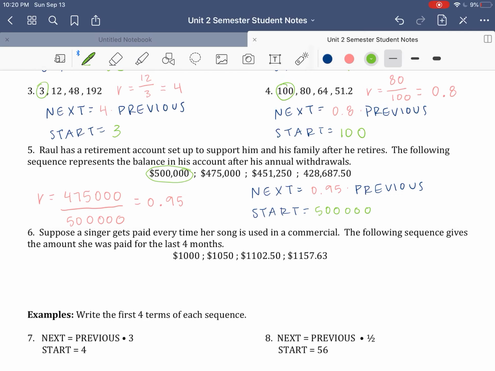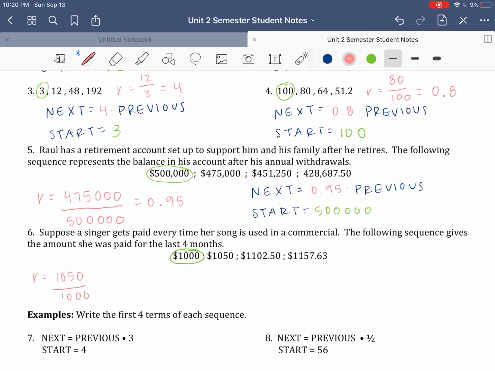Number 6 says, suppose a singer gets paid every time her song is used in a commercial. The following sequence gives the amount she was paid the last 4 months. So this time my numbers are increasing. I can see she's getting paid more each month, starting at 1,000. So to find the ratio, I'm going to do the second number divided by the first number. So 1,050 divided by 1,000.